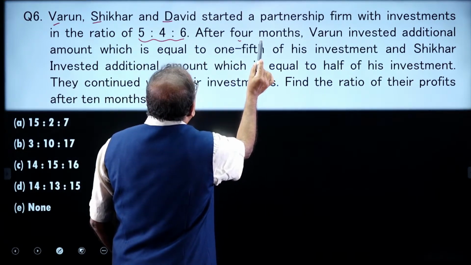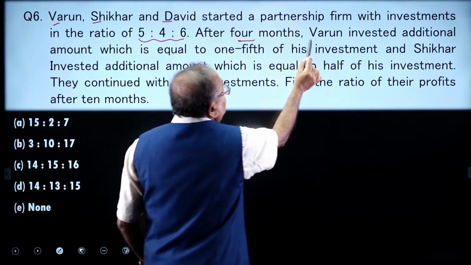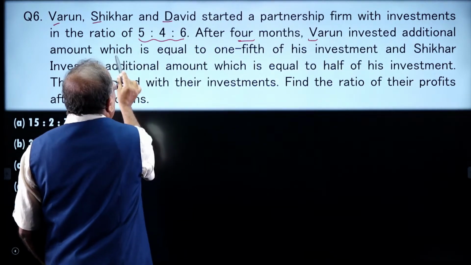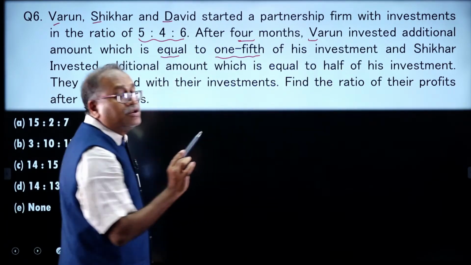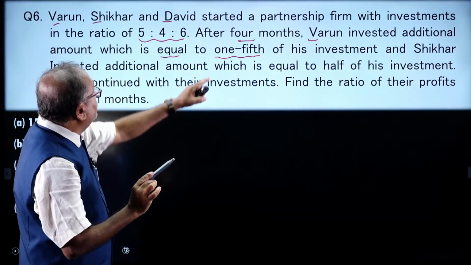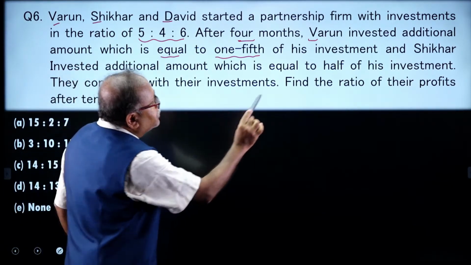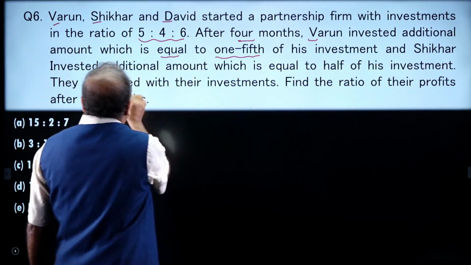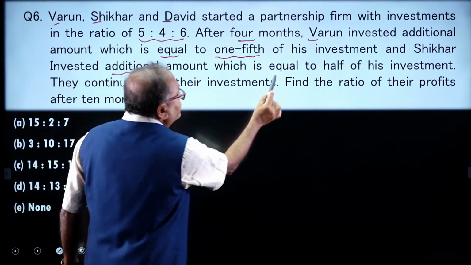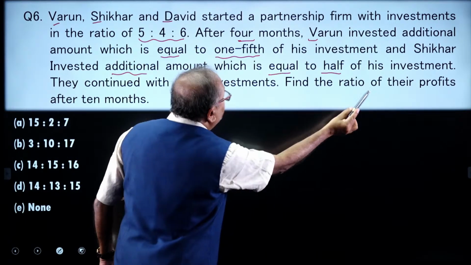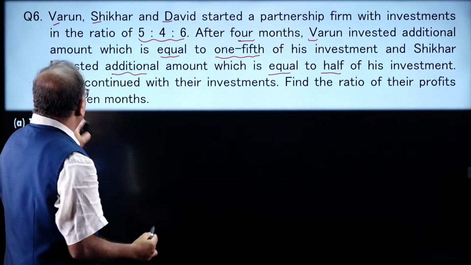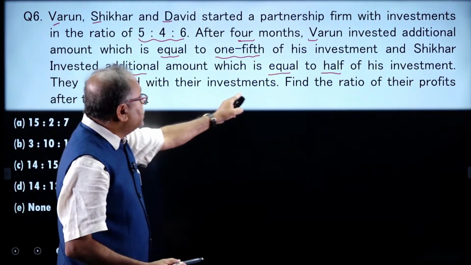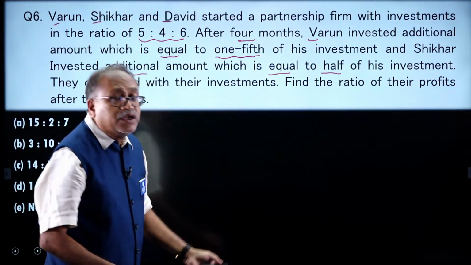After 4 months, V invested an additional amount which is equal to 1/5 of his original investment, and S invested an additional amount which is equal to half of his initial investment. So they continued with their investment. Find the ratio of their profit.